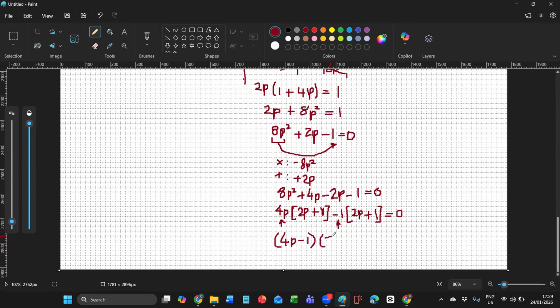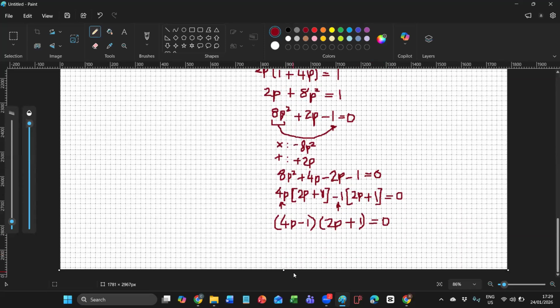That's what we have here. All this is equal to what? 0. So the principle that when you multiply two things and they are equal to 0 says that any of them can be 0.